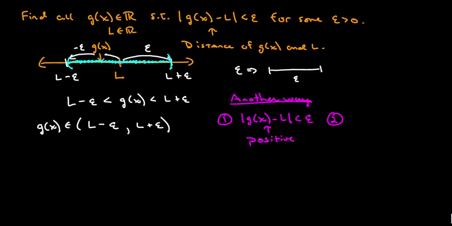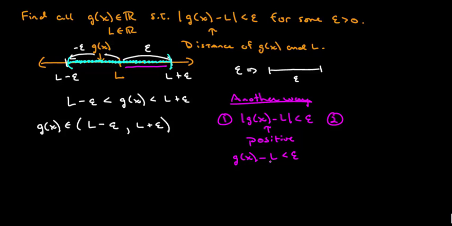If that's positive, where would g of x have to fall? For g of x minus L to be positive, g of x would have to be more than L, which means it would have to fall over on this side. That's certainly possible. g of x could fall anywhere on this interval. So if it's positive, then we can just drop the absolute values.